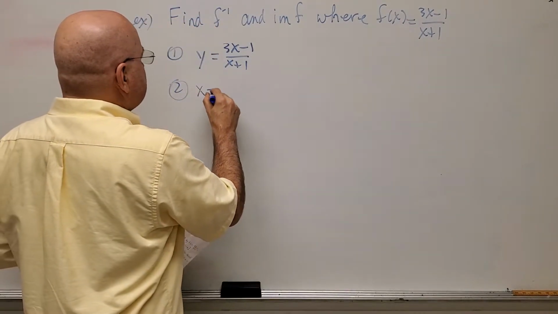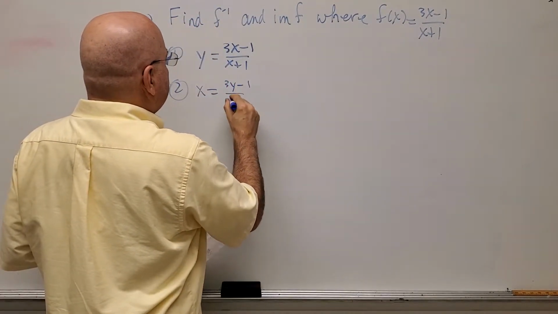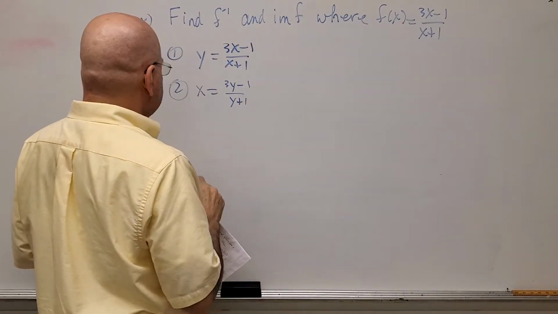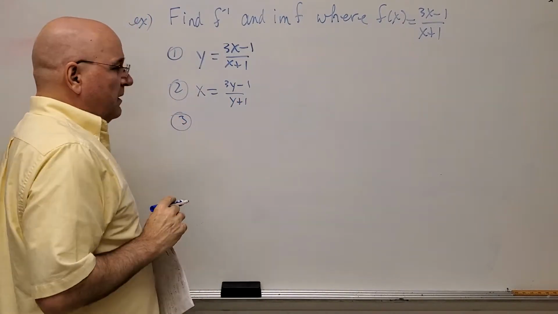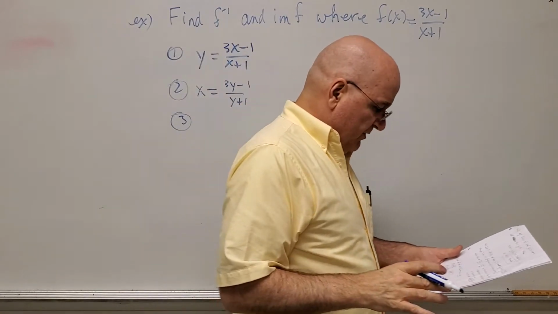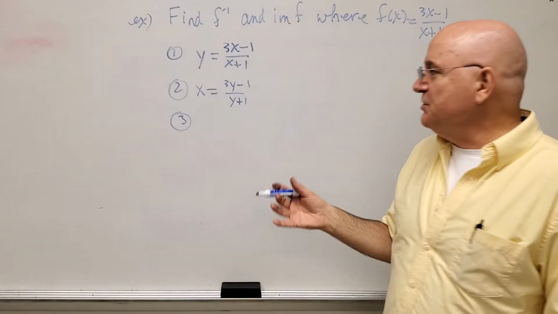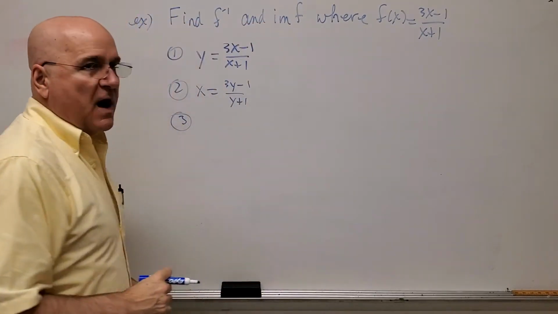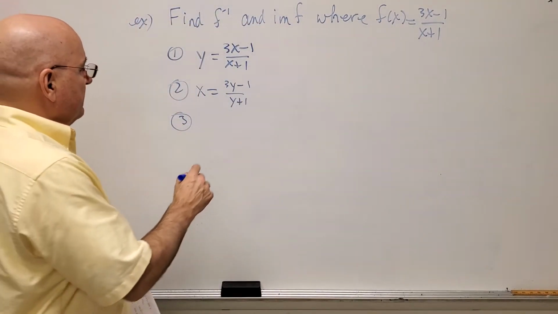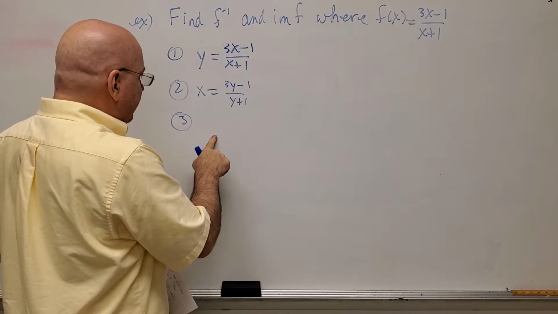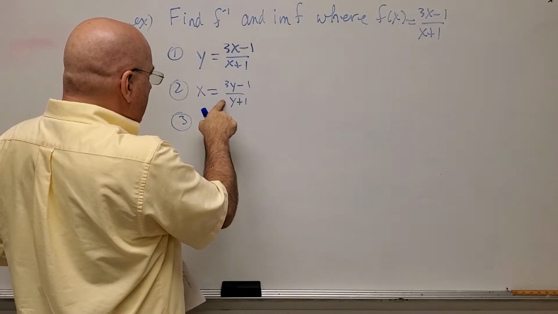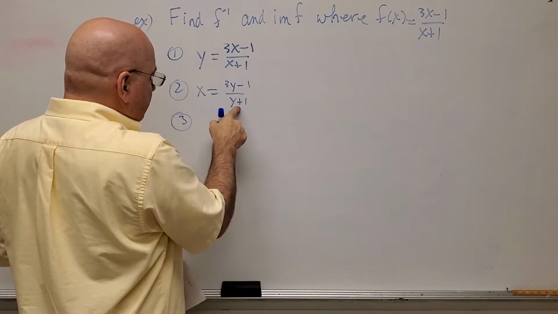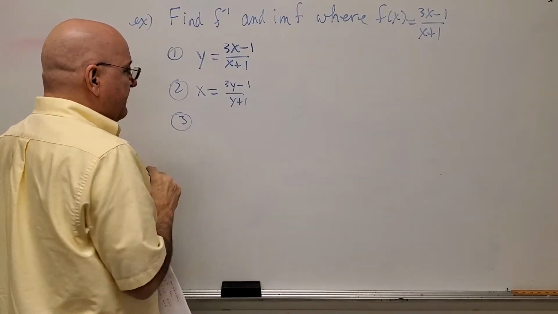So x is equal to 3y minus 1 over y plus 1. Number 3 is where you have to do the work. It's the algebra. Now I need to solve this for y. All right, so here's where we're going to do a little bit of work. Solve this for y. So I'm going to get rid of this fraction and multiply both sides by y plus 1.